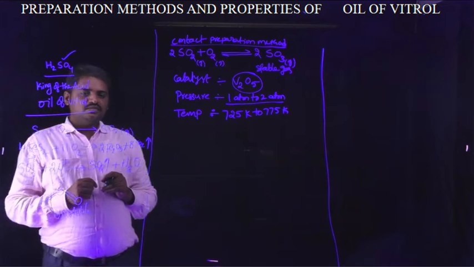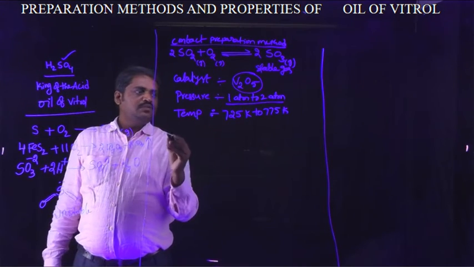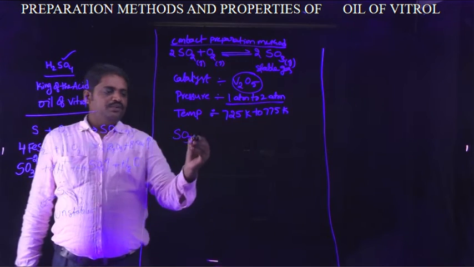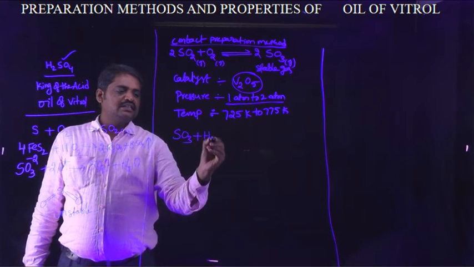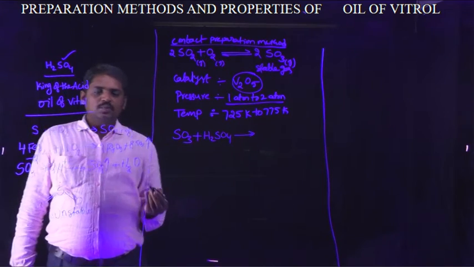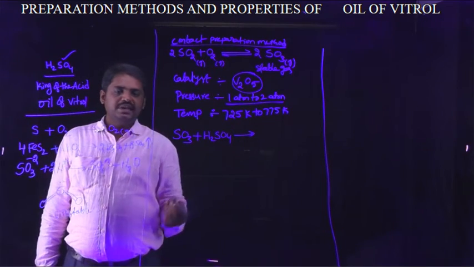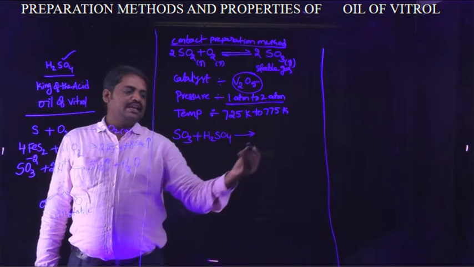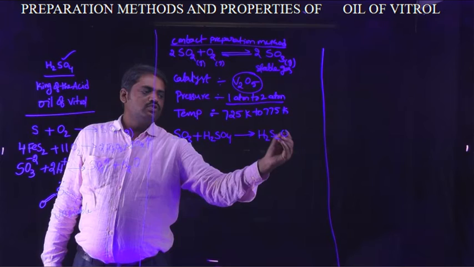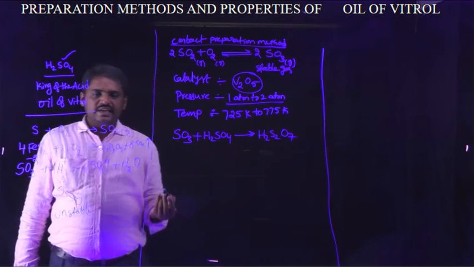And next, the sulfur trioxide reacts with a small amount of sulfuric acid to produce oleum, meaning disulfuric acid, H2S2O7.